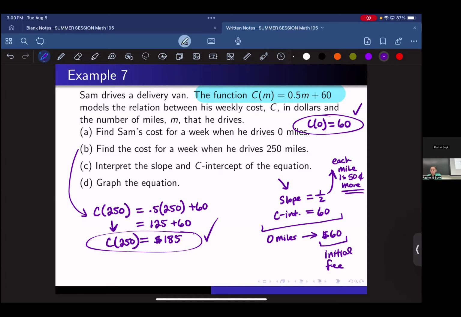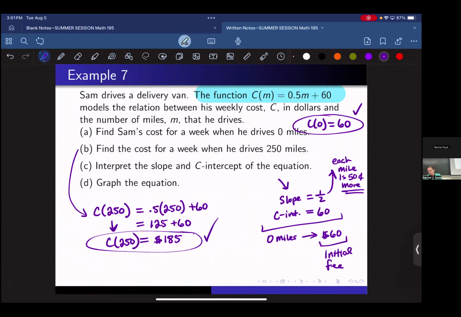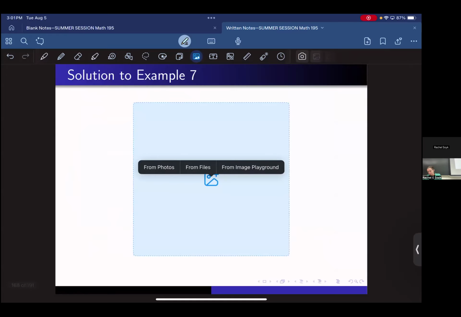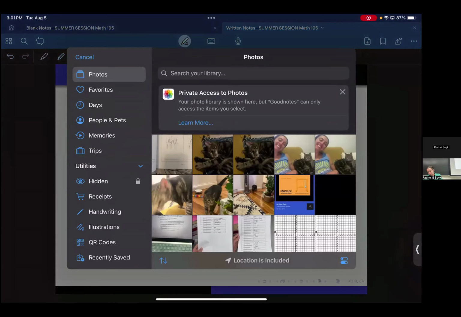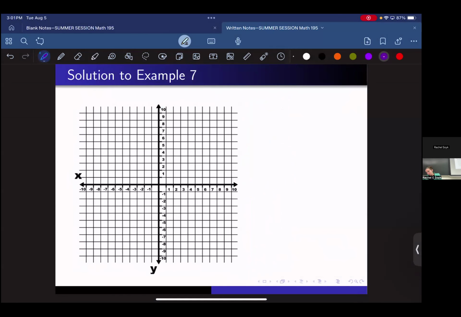And then finally, we're asked to graph it. And so maybe I'll put the graph on the next page once again. So C of m equals 0.5 m plus 60, which is just 1/2 m plus 60.